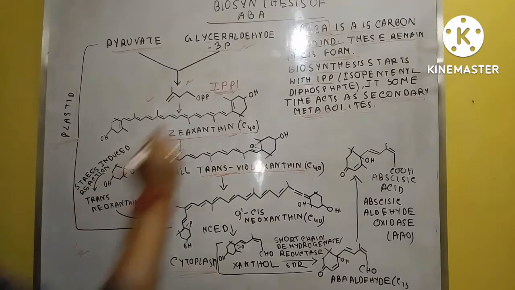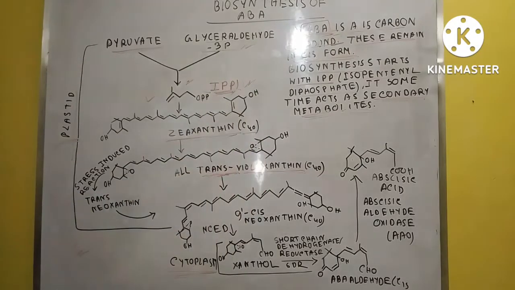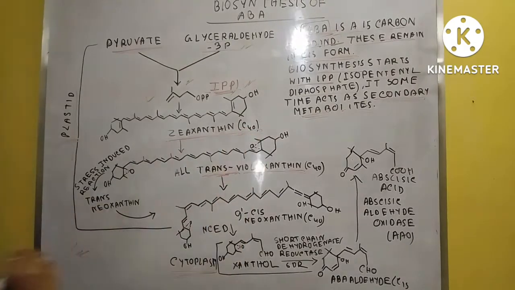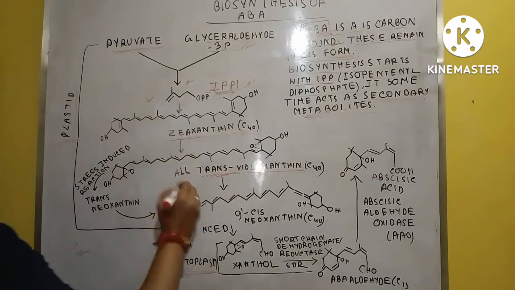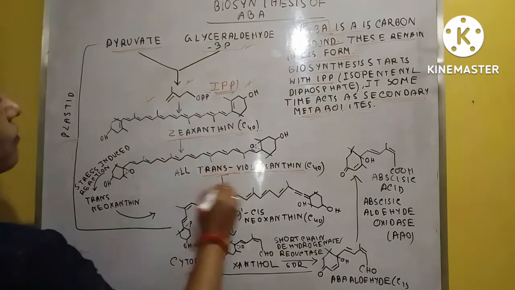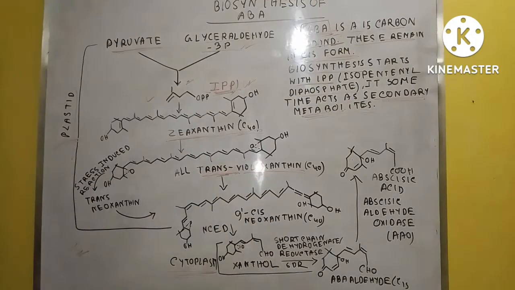And here the IPP converts into zeaxanthin, that is a C40 structure. Clear? This zeaxanthin converts into trans-violaxanthin, that is C40.